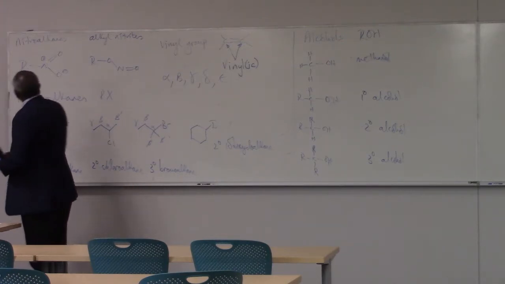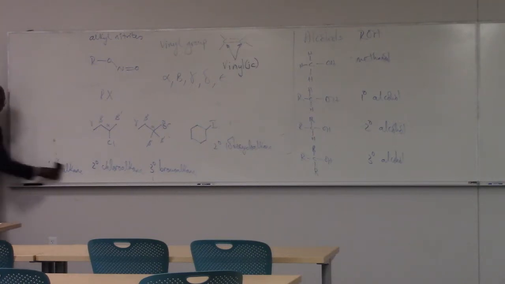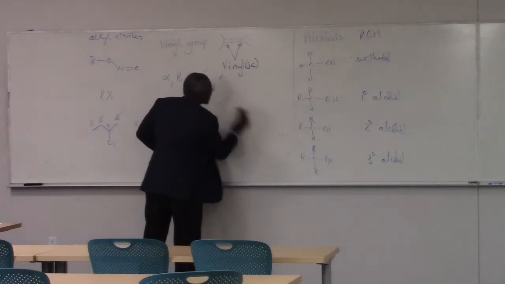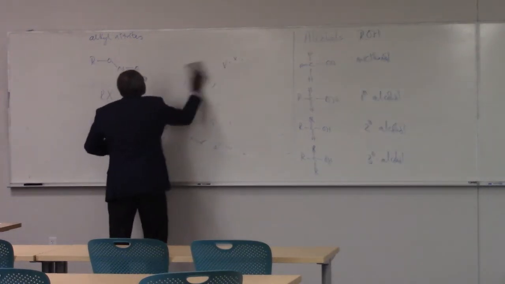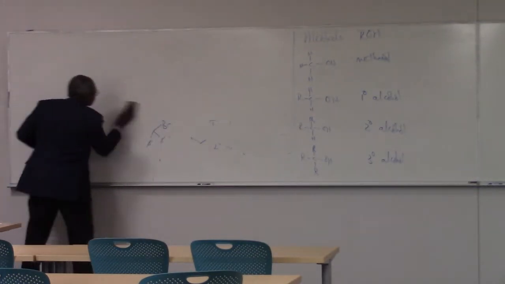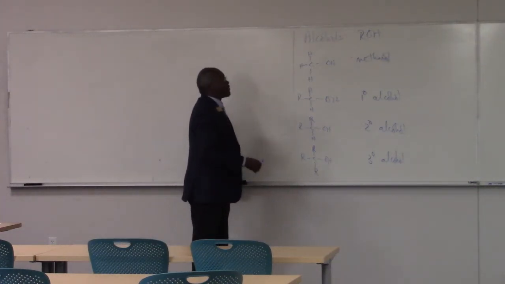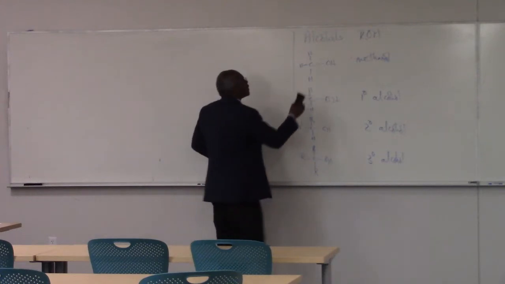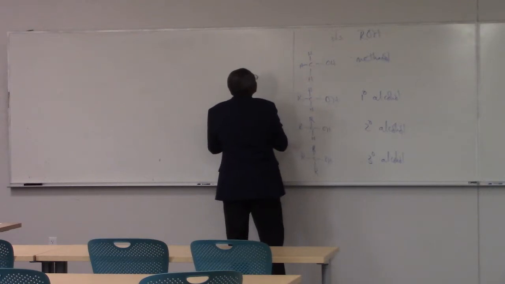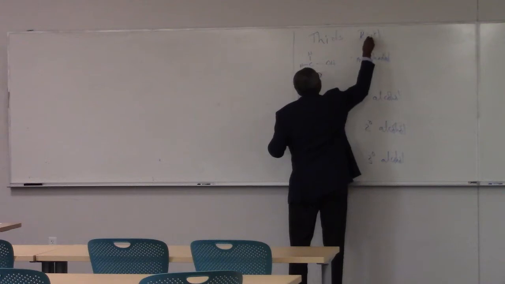There are also, beyond haloalkanes, beyond alcohols, thiols, and thiols are basically relatives of alcohols where we replace the O by a sulfur. So instead of an alcohol, we're going to have a thiol. That's simply RSH.